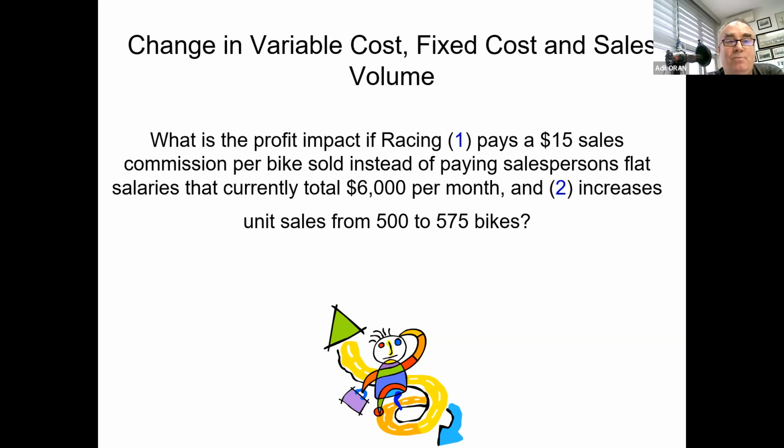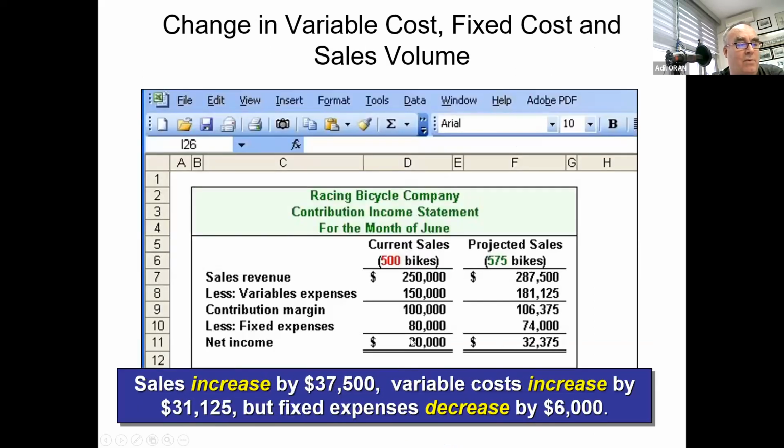So the new contribution margin per unit is actually becoming 185, down from 200. So we can basically say 500 times 200 was the old contribution margin.